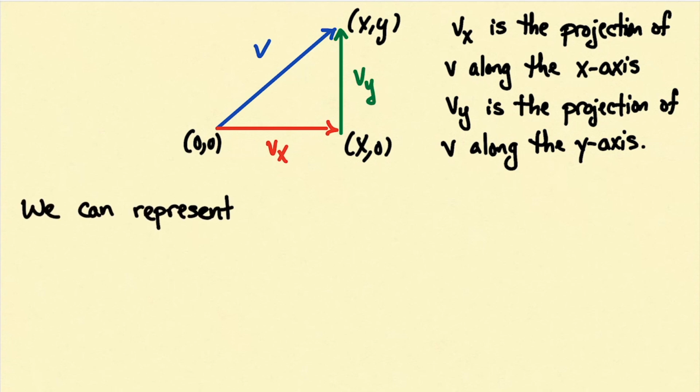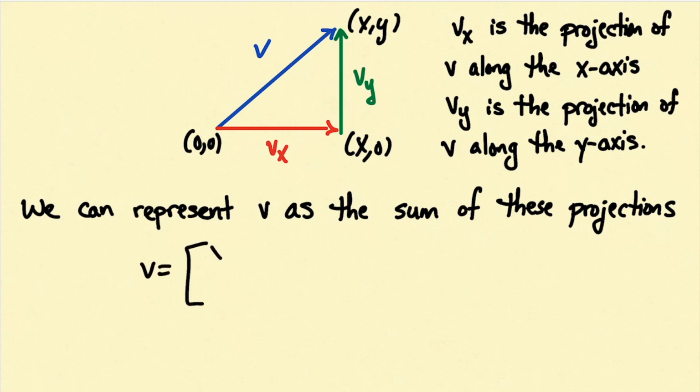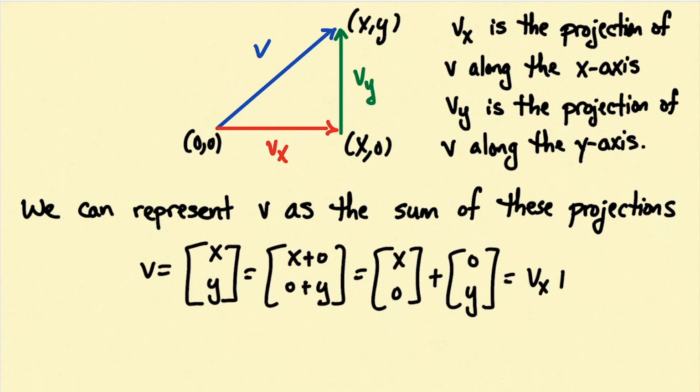Now, if we add in the most obvious fashion, then we could also represent the vector v as the sum of these projections. So here we've simply added the components. We add the x component of Vx to the x component of Vy, and we add the y component of Vx to the y component of Vy.